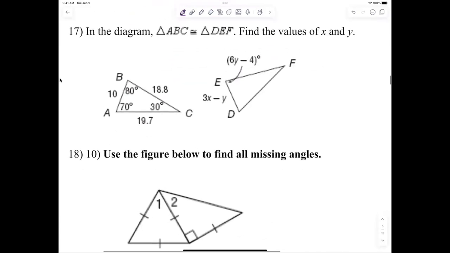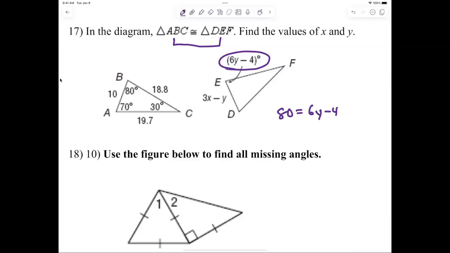All right. Triangle ABC is congruent to triangle DEF. Now, y is an angle. So E corresponds to what? E corresponds to B. So what is B? So 80 is equal to 6y minus 4. Is everybody good with that?